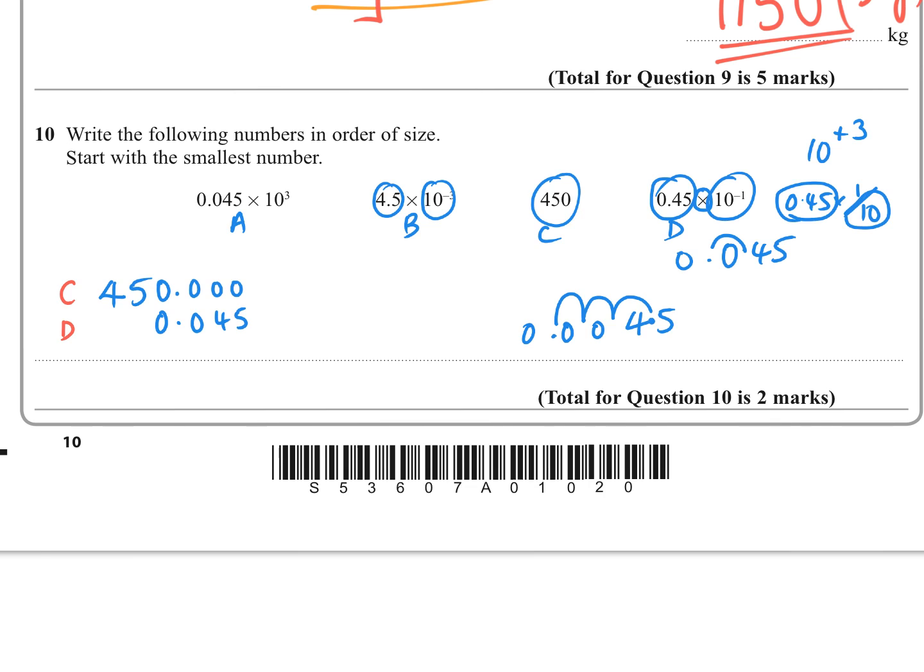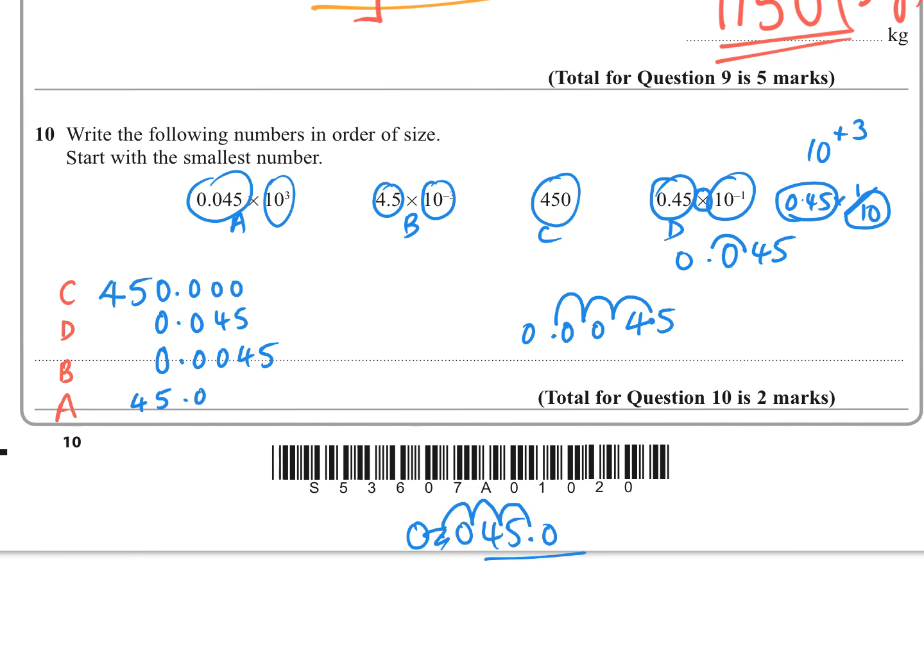So that's going to be B, and that's going to be 0.0045. And then lastly, 0.045 times 10 3 times. 1, 2, 3. Okay, so that's going to be 45. So there's A, and that's going to be 45. And I'm just going to put some zeros here.